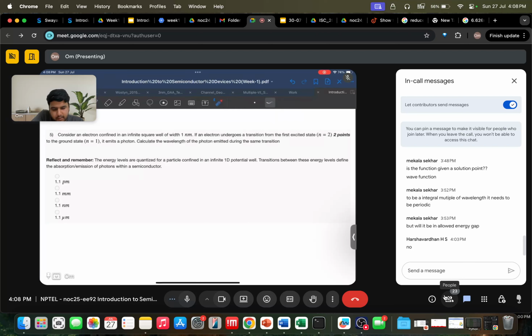The question is, consider an electron confined in an infinite square well of width 1 nanometer. So we have an infinite square well with walls up to infinity, and its width is 1 nanometer.